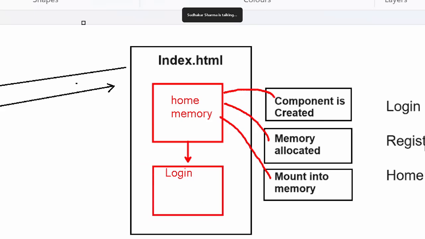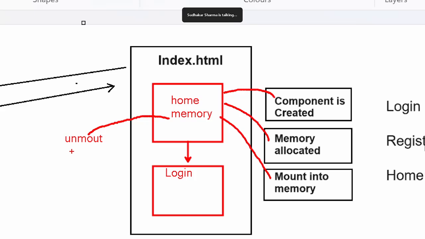When you request login, this component will unmount. That means this component has a phase called unmount. Remember, unmount will not happen unless you request another component. When you request another component, the current component will unmount.